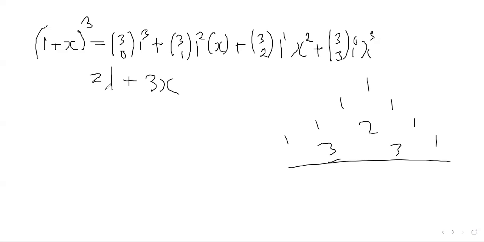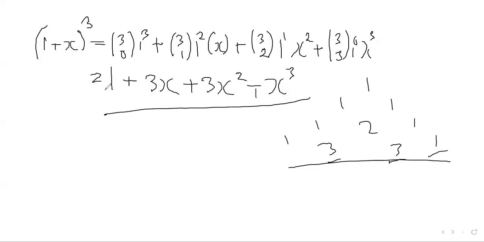And then 3 choose 2, the answer is 3. 3 multiplied by x squared, you have 3x squared. And lastly, 3 choose 3 is 1. Multiplied by x cubed, you have x cubed, like that. So this is what we have.